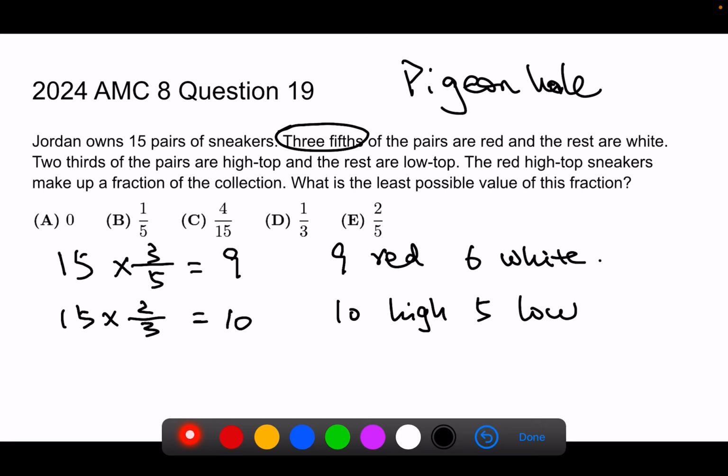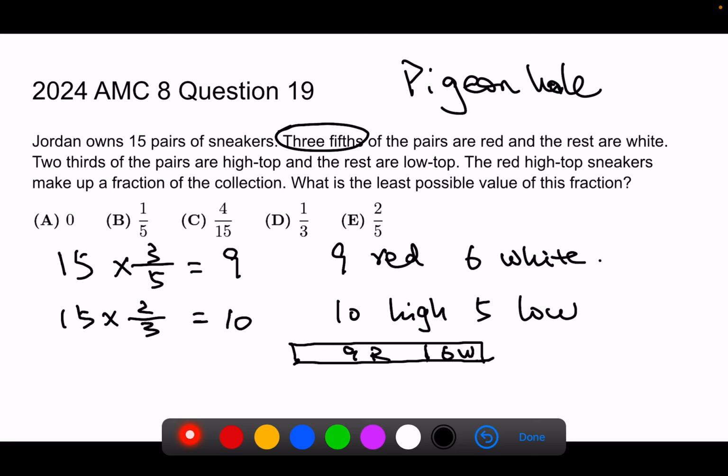So let's draw red and white out. The overall is 15. You have 9 red and 6 white. So it's roughly here. 9 R, 6 white. Now you draw the same picture for high and low, but remember, we want red and high to be as far away as possible.